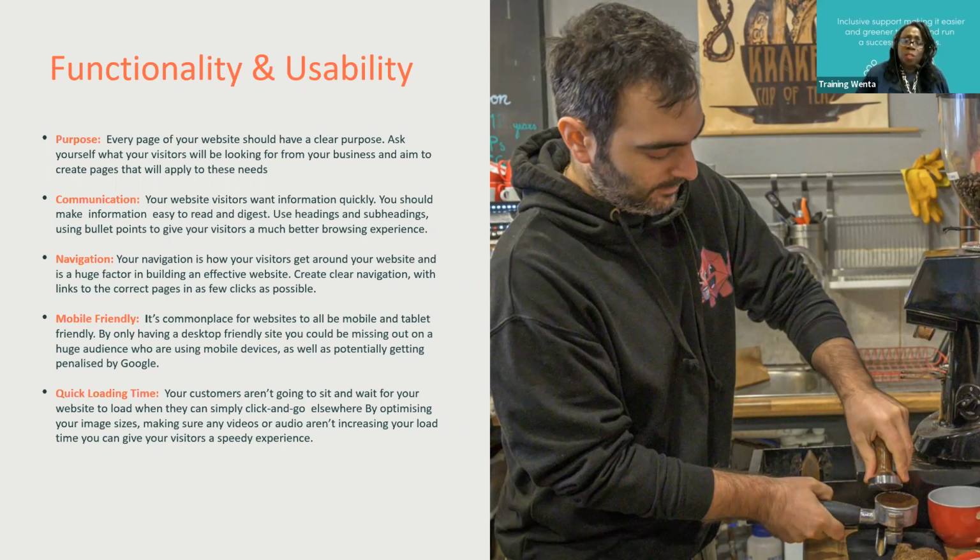And don't create huge amounts of information for one page. It's going to slow down the loading time of your page. Big videos are going to slow down the loading time. Huge images are going to slow down the loading time. So you want to make sure that everything is as it should be. You can test your images.